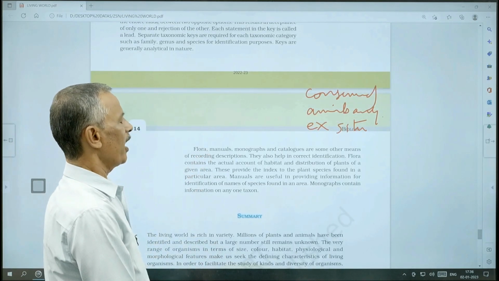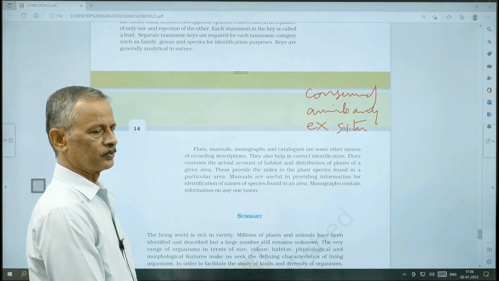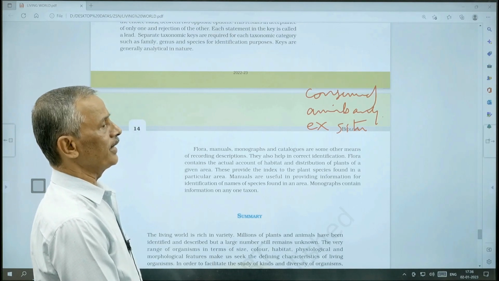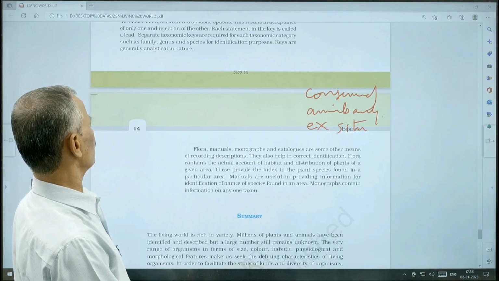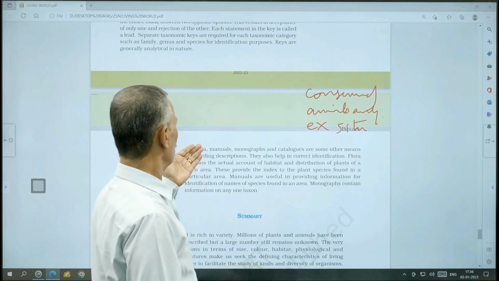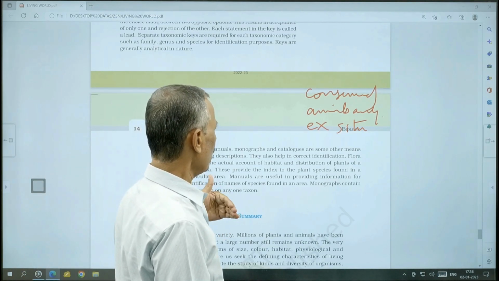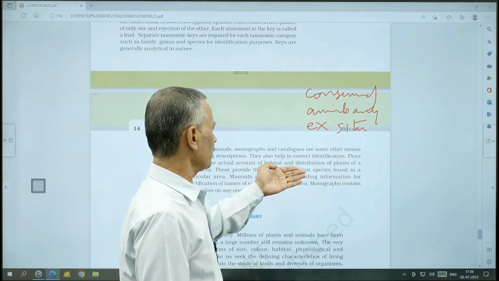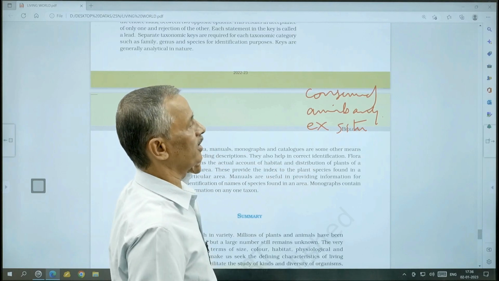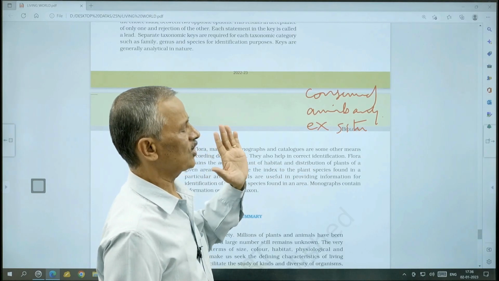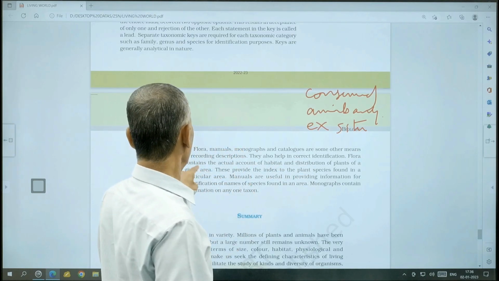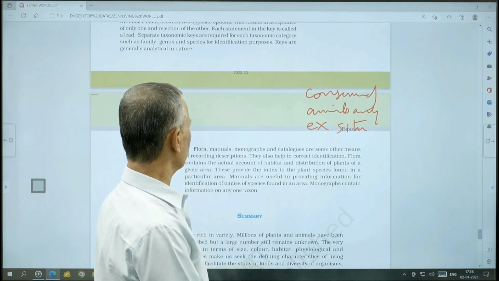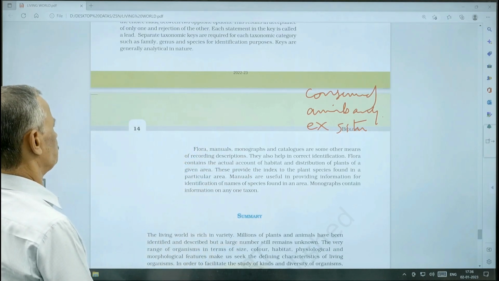We also have descriptive books, which are not in an analytical form, but in a descriptive form. For example, flora. Flora contains an actual account of habitat and distribution of plants of a given area. What are the different types of plants that are available in a given area? That book is called Flora.